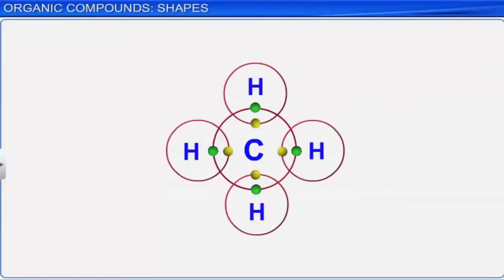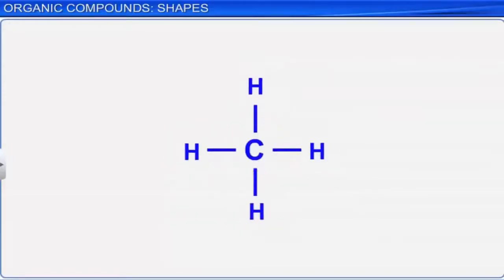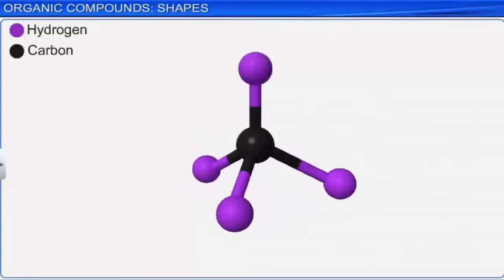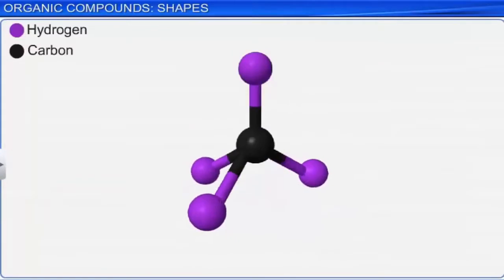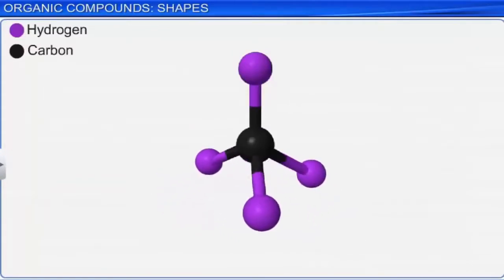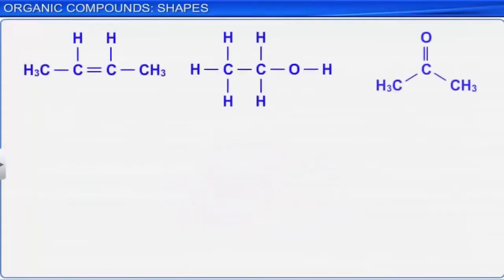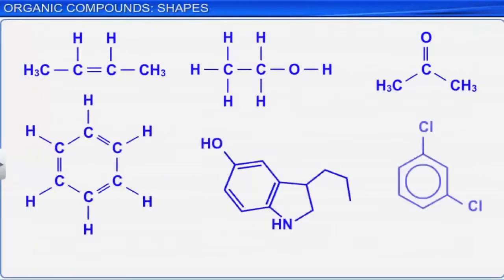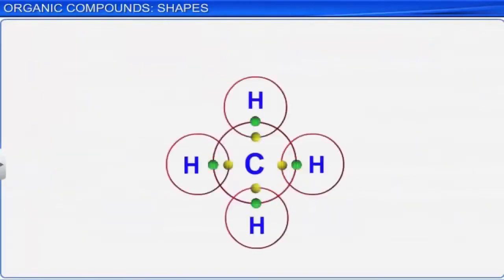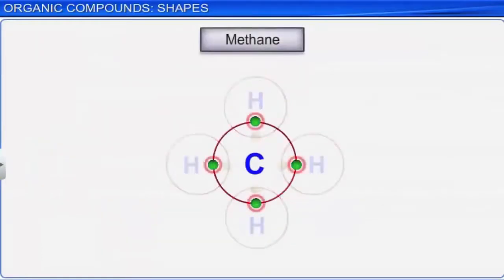This characteristic of carbon atom, by virtue of which it forms 4 covalent bonds, is called as tetravalence of carbon. Thus, carbon forms a wide range of compounds. In this example, methane is formed by sharing 4 electrons of carbon with 4 hydrogen atoms.